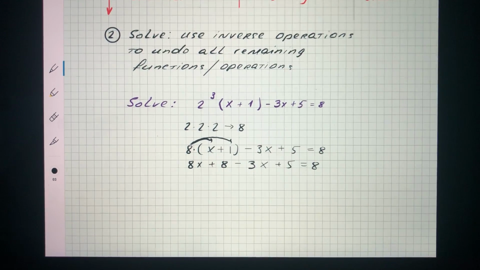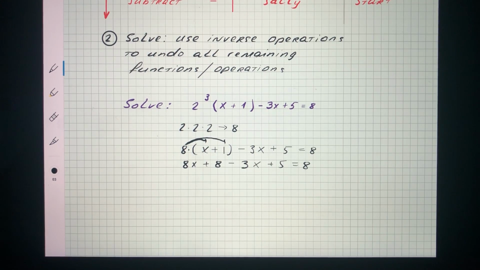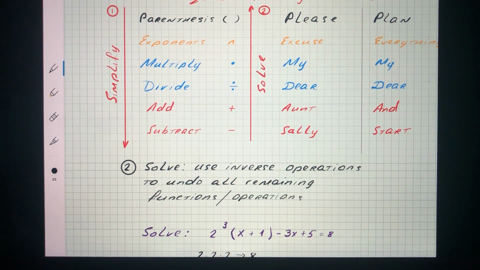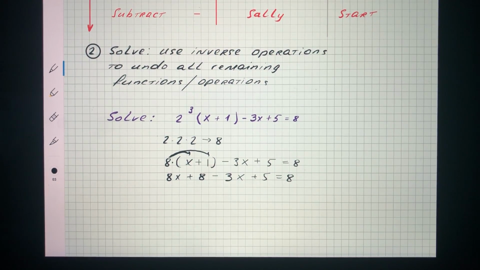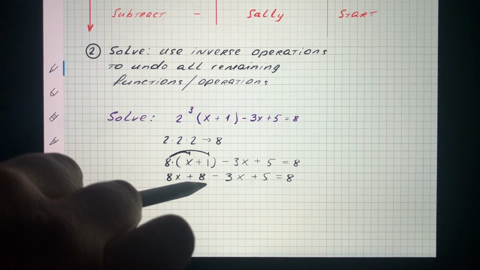Let's zoom in a little. So here we have finished the multiplication. There was no division in this question. So we are done with parentheses, exponents, multiplication. The next thing is addition, subtraction. If the operation is always true, then we can add it. For example, 8 plus 5 will always be the same.